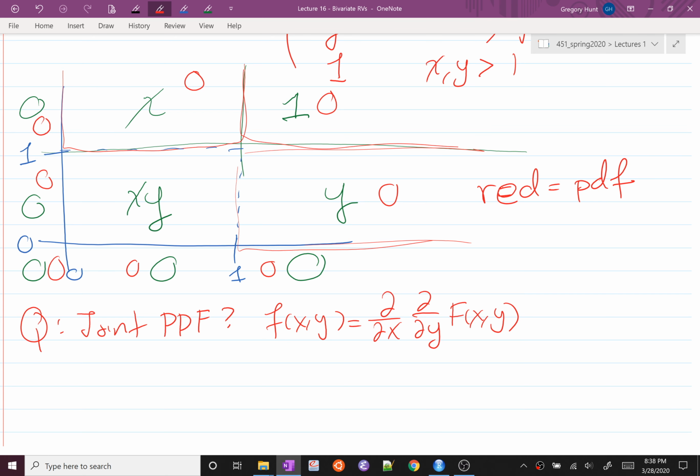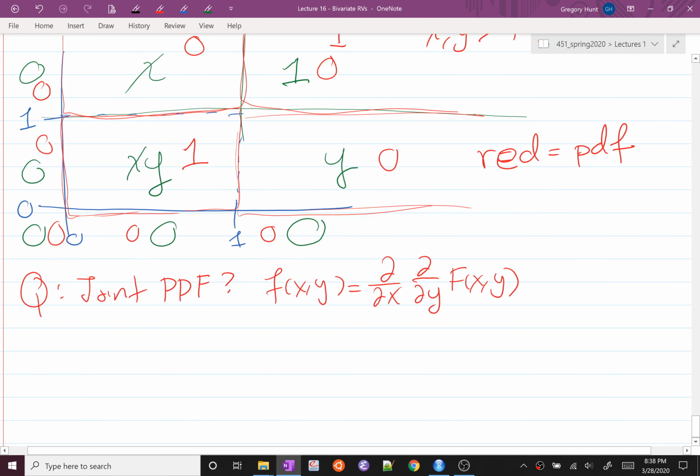The only interesting place is in this region, the unit square here. The CDF is xy. If I take the derivative with respect to x first, I'll get y, and then with respect to y I get 1. So the joint PDF is just 1 in that region. So the joint PDF is actually pretty easy.